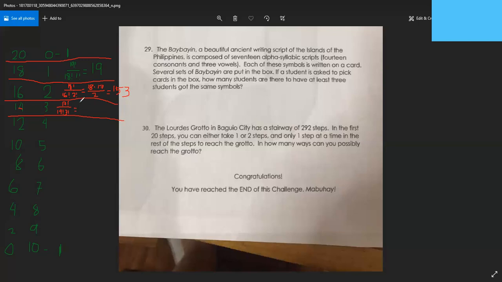So the remaining numbers will be 17 times 16 times 15 over 3 factorial, 3 times 2 times 1. If we do this, we will get 680.